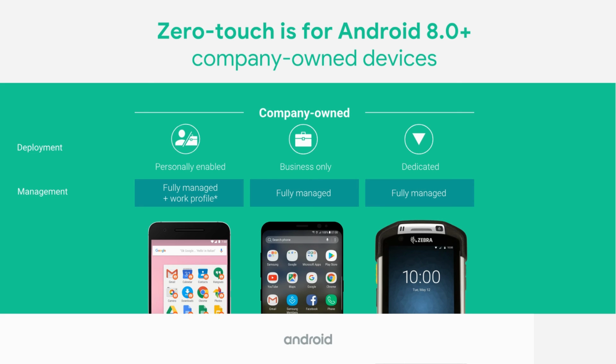Via your EMM, you will be able to deploy your device in a personally enabled, fully managed work profile mode, in a business-only, fully managed mode, and in a dedicated, fully managed mode as well. So what are these three options, and when would you use them? The first one has a split between a personal space and a workspace.